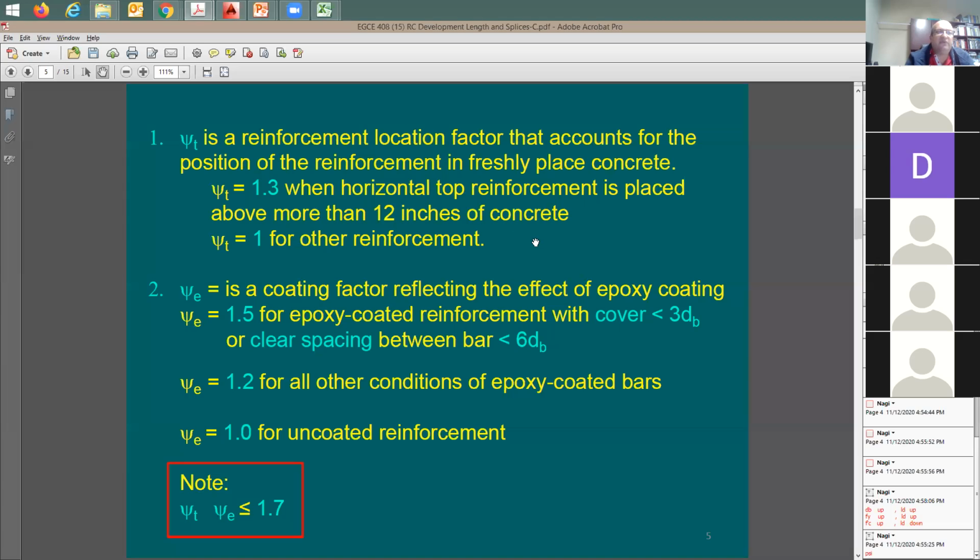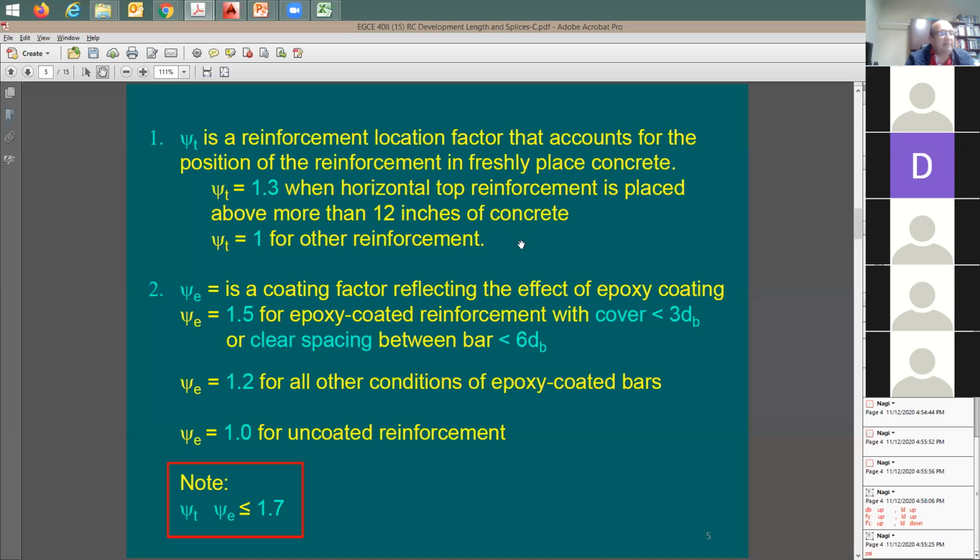And what is the definition of top reinforcement with the code? Can someone read between the lines and tell me the answer for this? As long as it's above 12 inches of the concrete. Exactly. So it means if the entire beam section is only 10 inches, would you consider it to be top reinforcing or bottom reinforcement? Bottom.